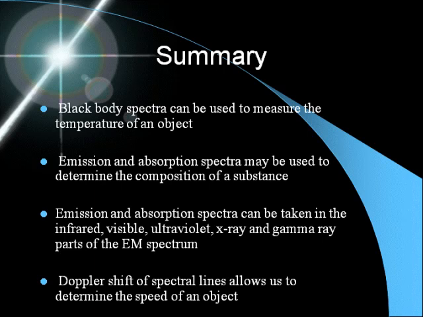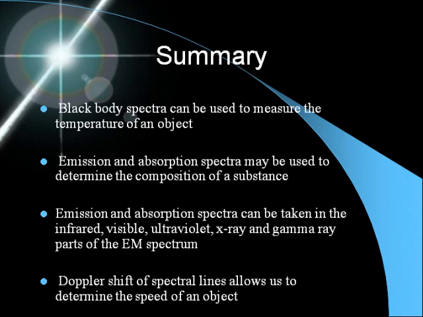Ultraviolet spectra, generally for emission and absorption spectra, well, that's also present in a lot of different atoms. X-ray spectra, again, is used to identify the atoms that are present in rock samples.